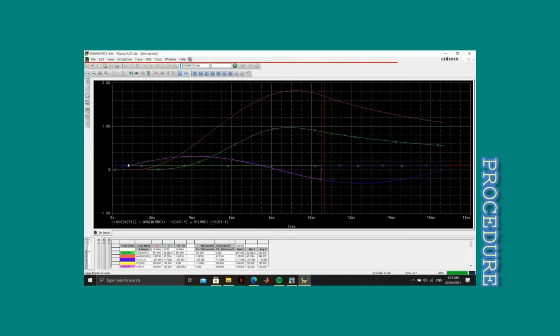From here, we could see that the voltage waveform across the resistor becomes stable at 100 volts when the diode is off. Since when the diode is off, the AC voltage is cut off, and the only source providing voltage for the circuit would be our DC source, which is 100 volts.